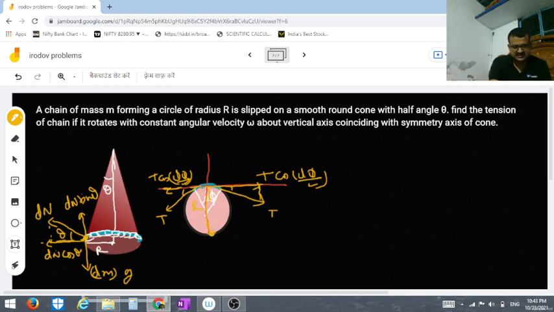I am writing here so that you can see very clearly. And one more component you are seeing, the component of force in this direction, dn cos theta, that I will draw here. So here we have written dn cos theta.